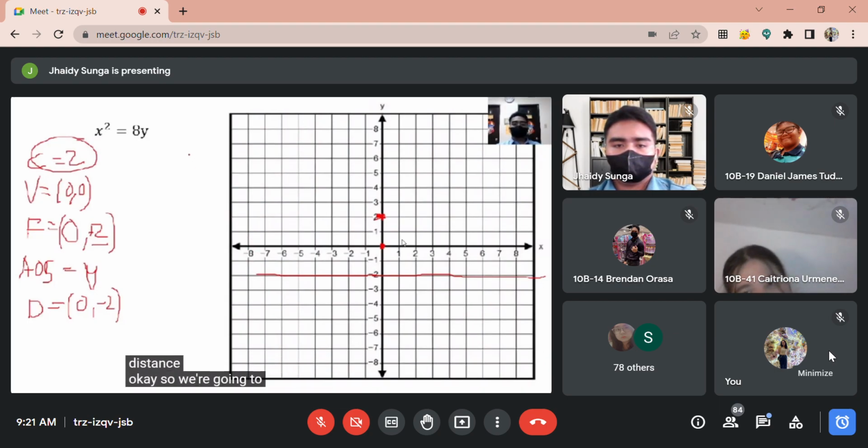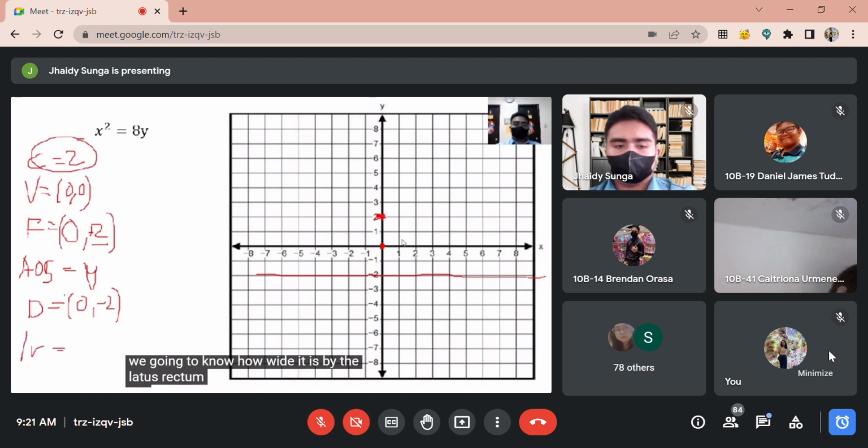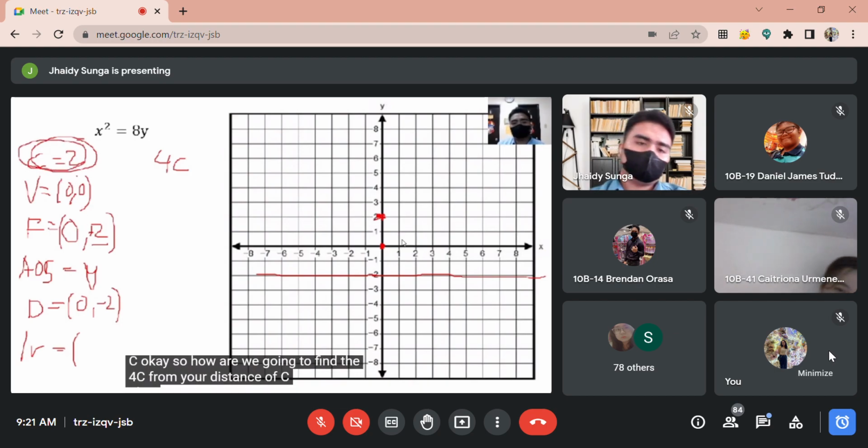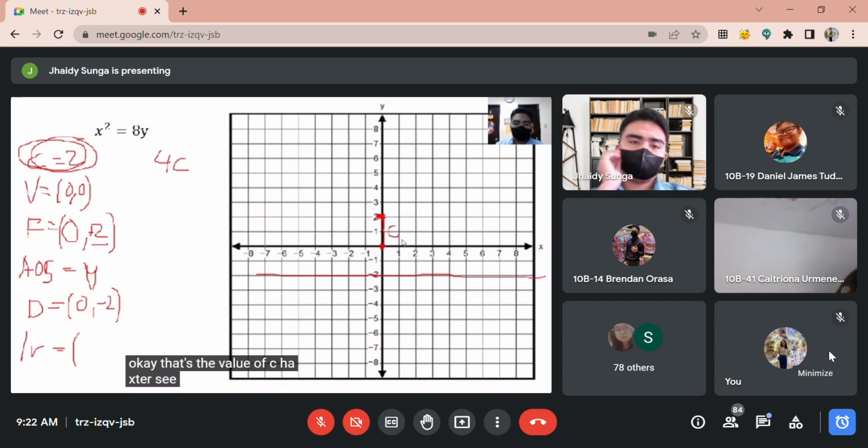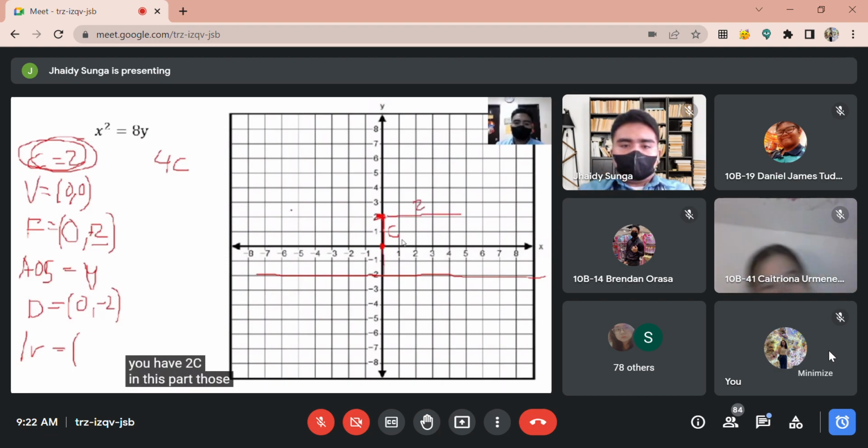So how are we going to know how wide it is? By the latus rectum. How are we going to find the latus rectum? The value of it is 4c. From your distance of c, that's the value of c, you have 2c in this part and 2c for the other side.